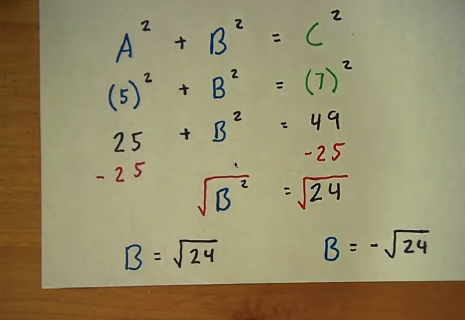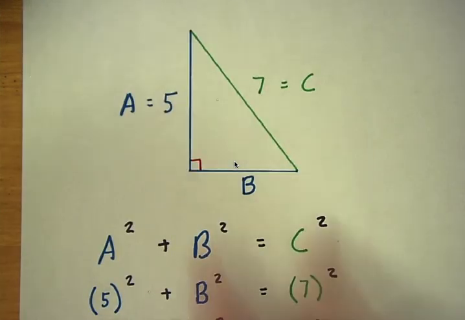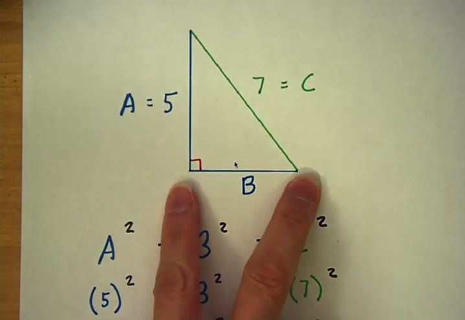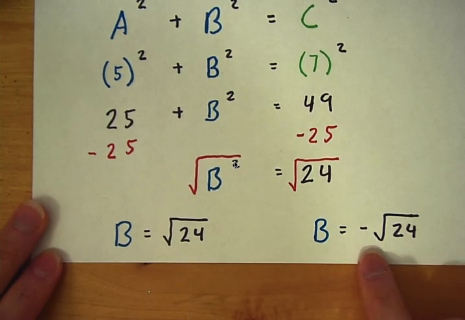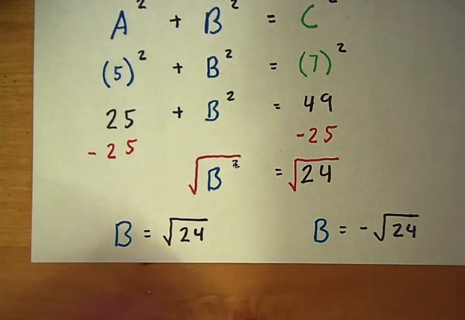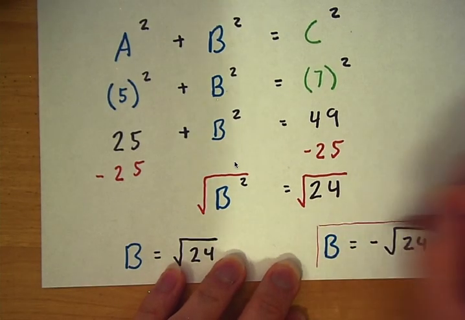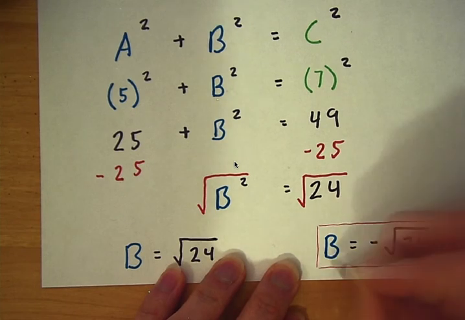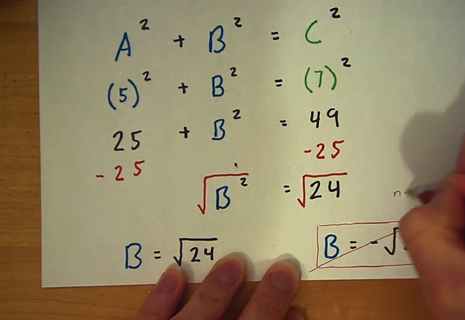Now, since this b here represents a length of a triangle, it doesn't really quite make sense to have a negative length. So therefore, this right here is not a solution, because we can't really have a negative length.